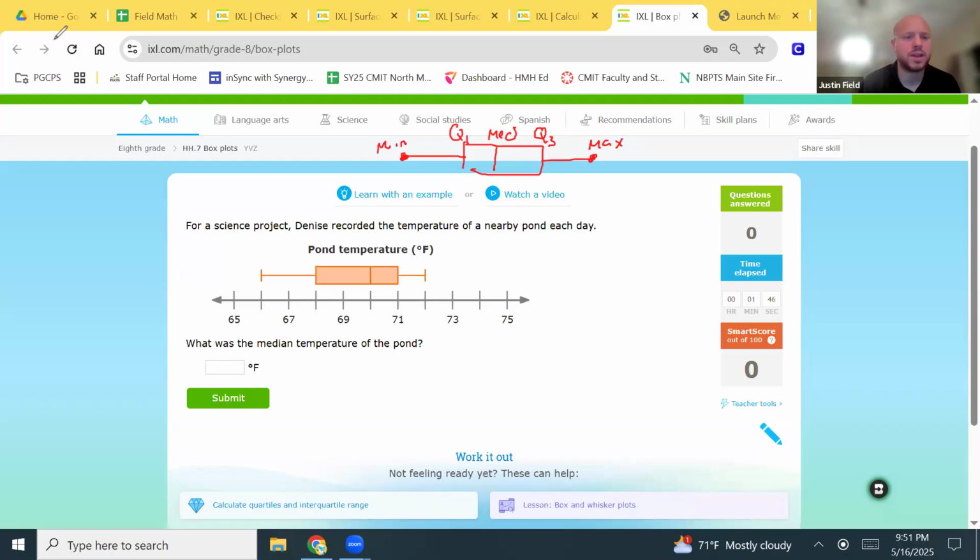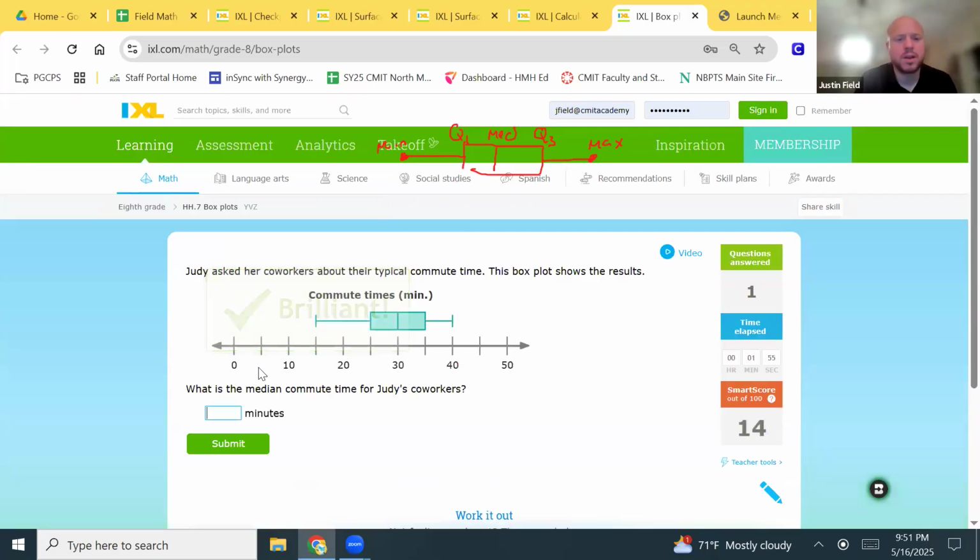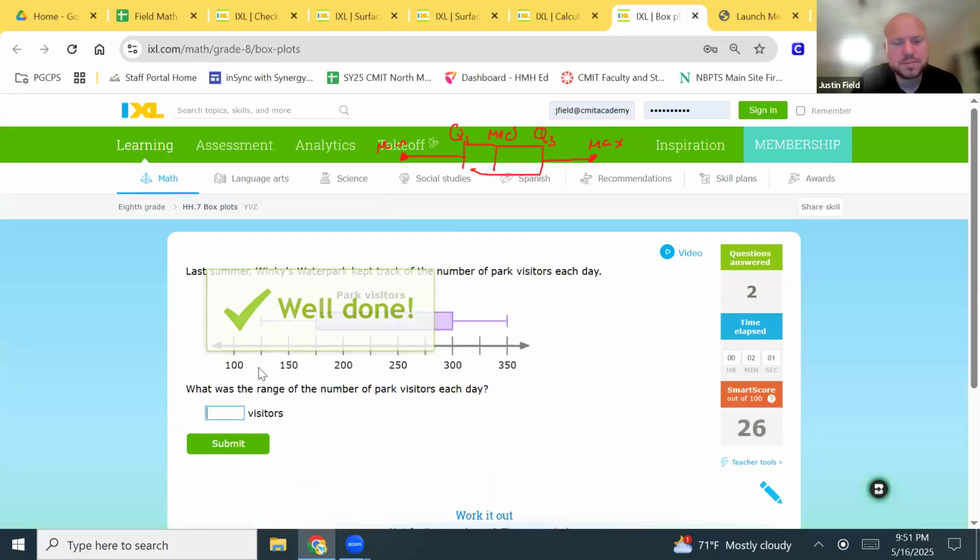So let's see if we can answer all our questions. What's the median? What's the line in the box? The median is 30. It's the line in the box. What's the range? Okay, we know that's max minus min.